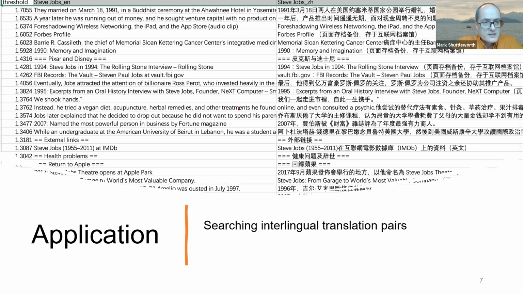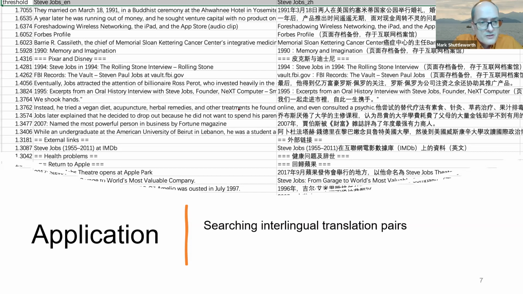But if you go halfway down to the sentence "we shook hands," you actually notice that the Chinese is quite clearly saying rather more than just we shook hands, and that is indeed the case. It's providing a much more detailed scenario there.